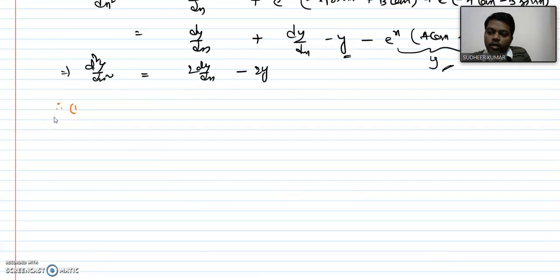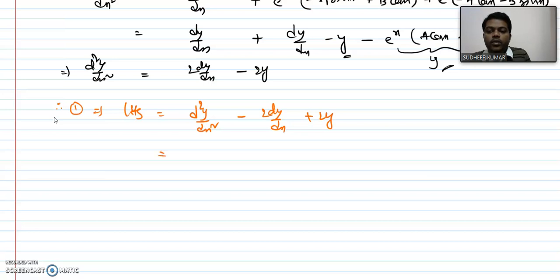Let us take equation 1. Therefore, LHS is d square y by dx square minus 2 times dy by dx plus 2y. Here for d square y by dx square, we substitute 2 times dy by dx minus 2y.